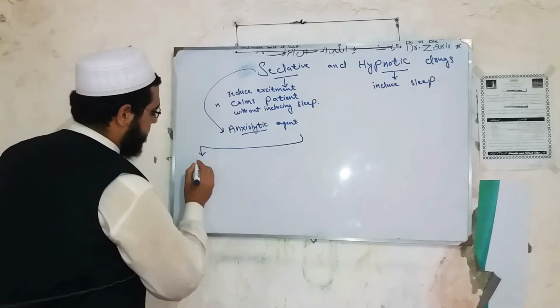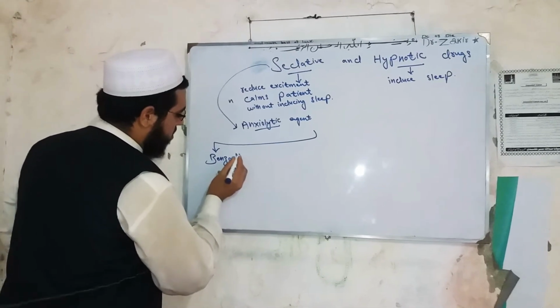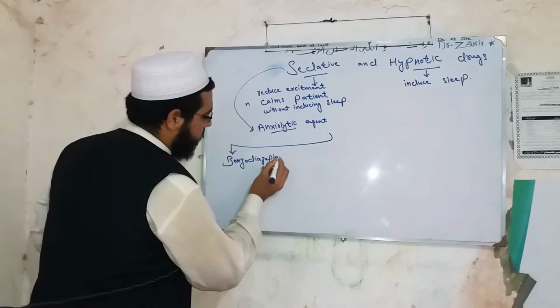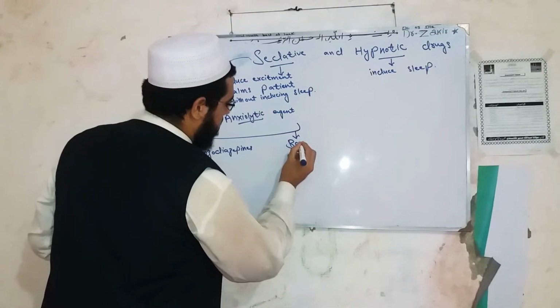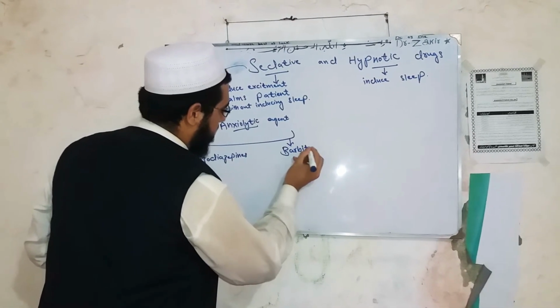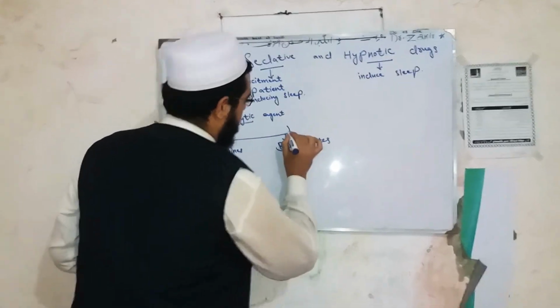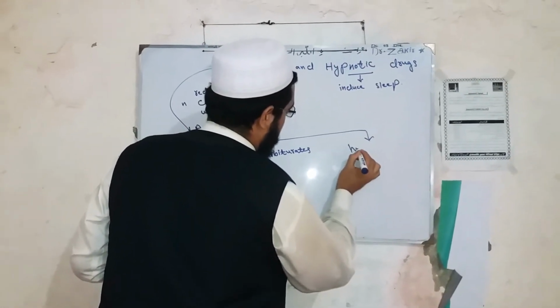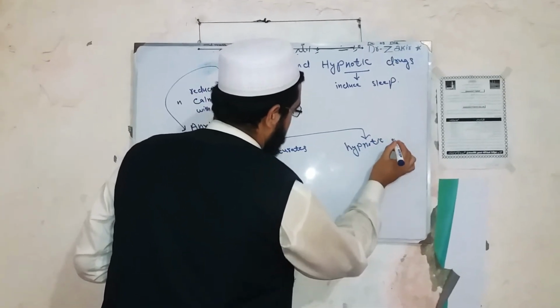The first class is benzodiazepines, the second class is barbiturates, and the third one is other hypnotic agents.